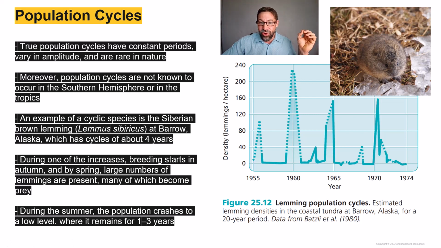So just this incredible spike in population density, which is really important on these tundras, right? Because this flush of lemmings is going to feed weasels and Arctic foxes, snowy owls, right? However, during the summer, the population is then going to crash again to a low level, and it's going to remain at that low level for 1 to 3 years before peaking in amplitude again.